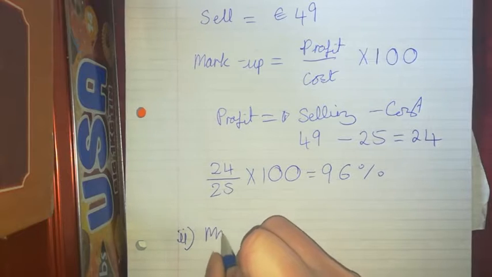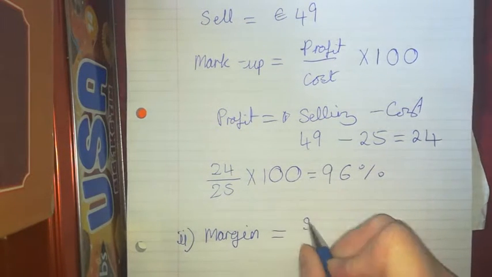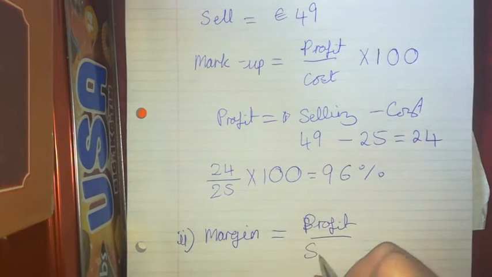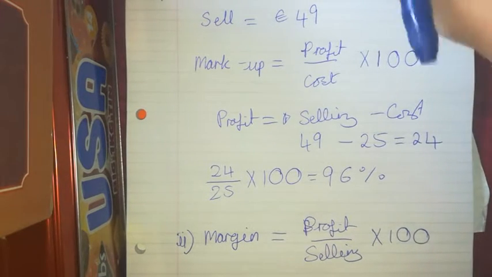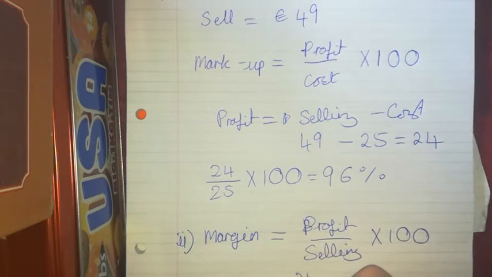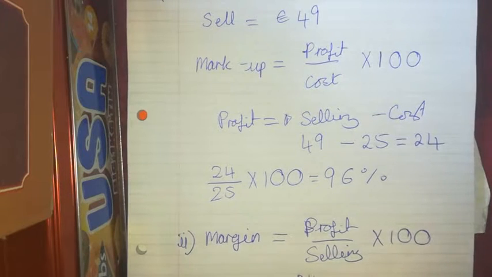It says margin is profit as a percentage of selling. So margin is equal to profit, and the only difference is what we put it over: as a percentage of selling, by 100. So the profit we got was 24, and the selling was 49, and then we multiply that by 100.